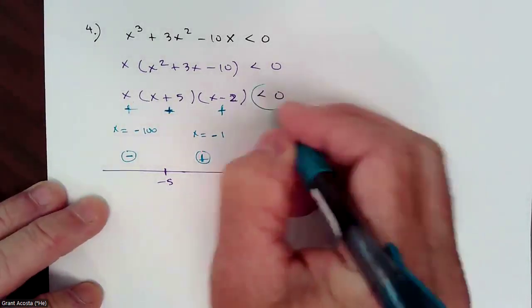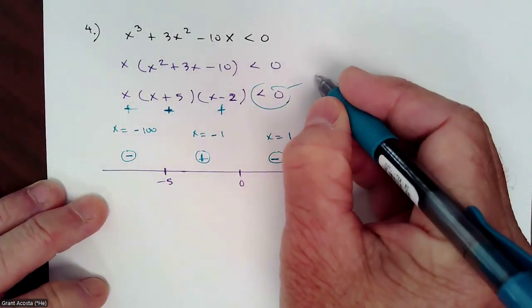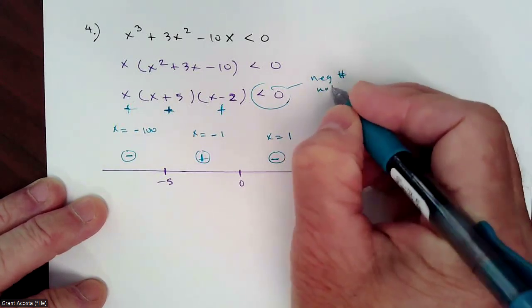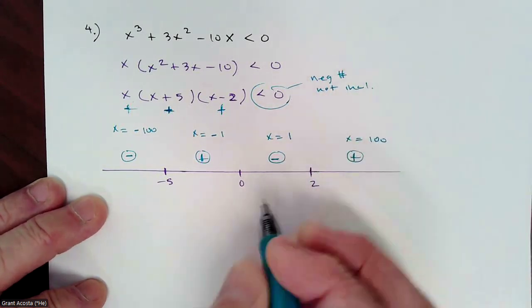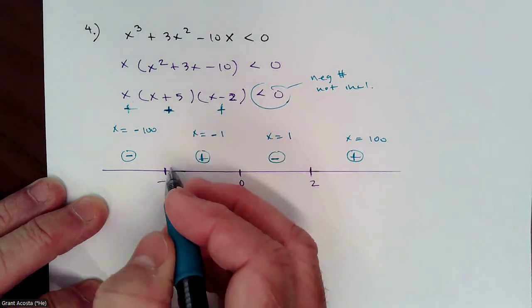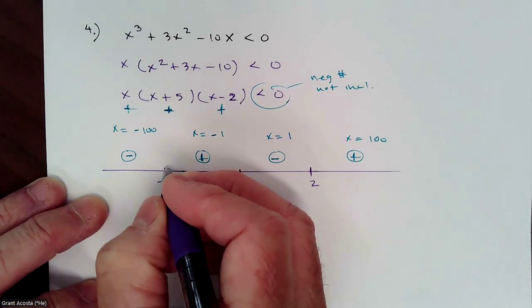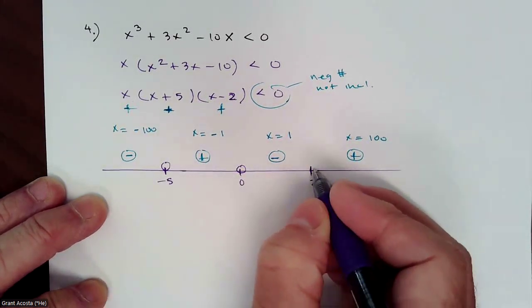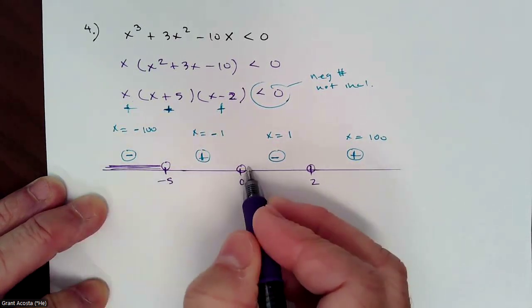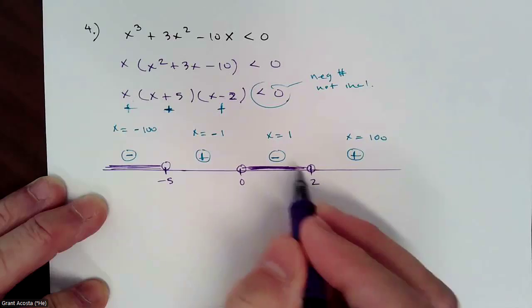And then we just got to look at this. If it's less than 0, this means we want negative numbers and not including 0. But the key numbers here would make this whole thing equal to 0. So this time we don't want those. So they're going to be open circles here. And negative numbers would be these numbers and these numbers here.